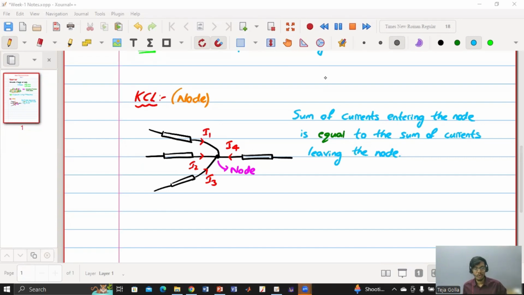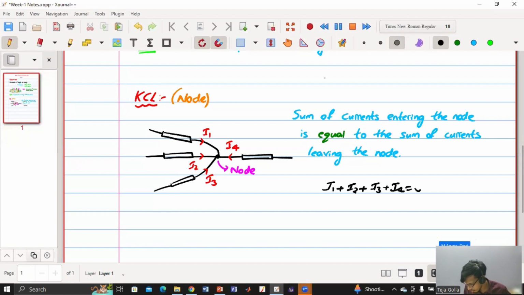Zero, because no current is leaving the node. So here I can write I1 plus I2 plus I3 plus I4 is equal to 0, because in this case no current is leaving. Say if one of the currents is leaving, then the summation of these three currents will be equal to the current of the fourth branch.